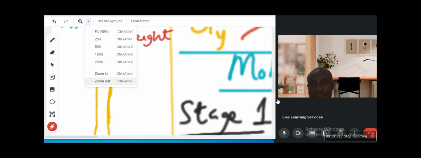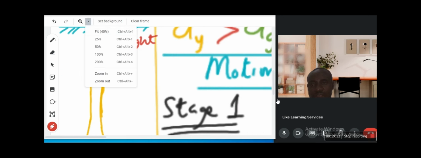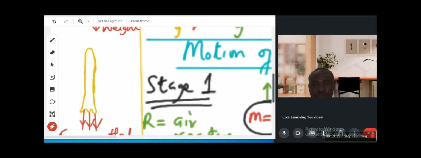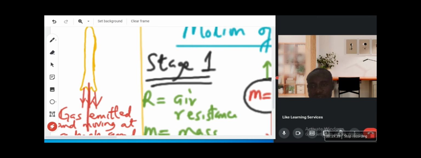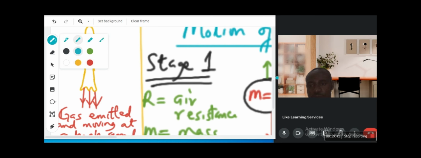Let me zoom it out a bit so that we can see it better. The force of this gas, which is emitted and acting downward, will produce an equal but opposite reaction force, which pushes the rocket up. This is the reaction force.